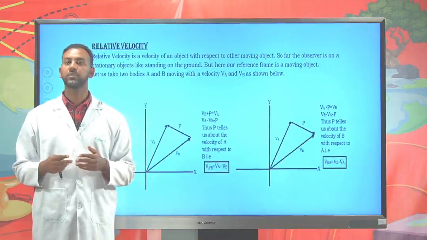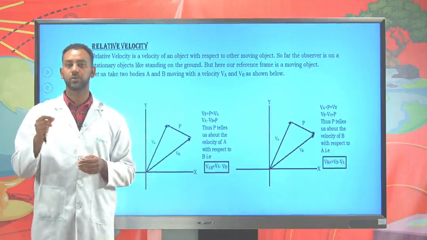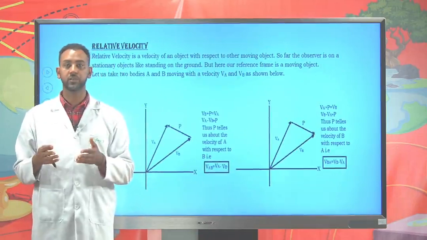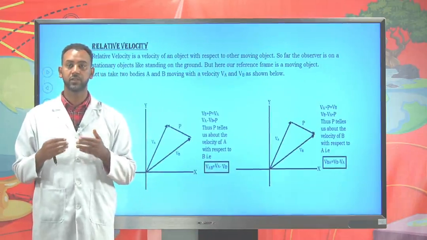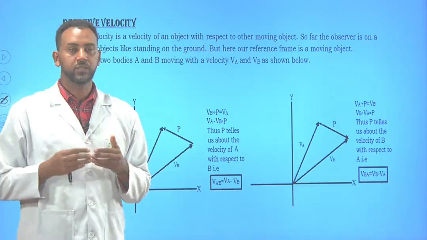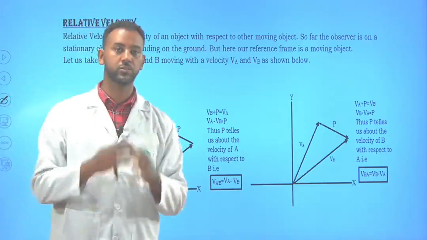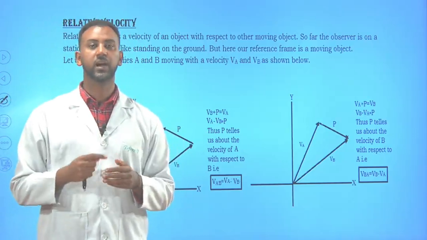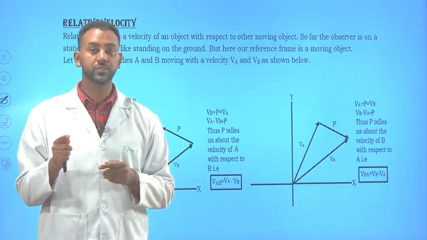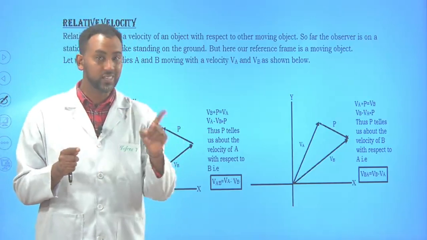So far, we have discussed the motion, velocity, or acceleration of something with a frame of reference at the ground, a stationary frame of reference. But now we are trying to see the velocity of something with respect to another moving object.